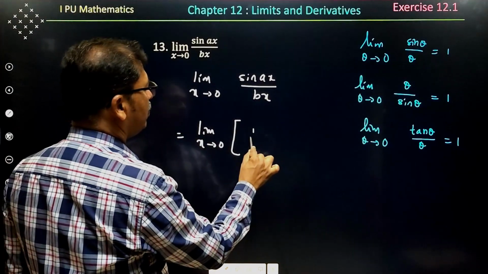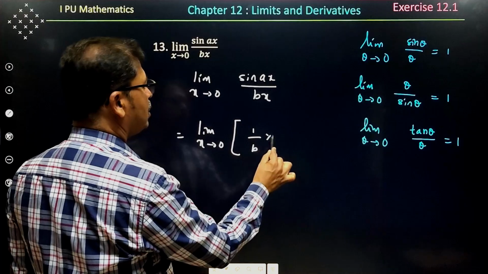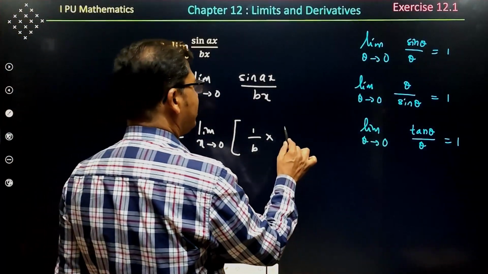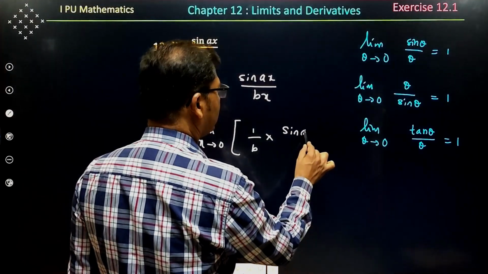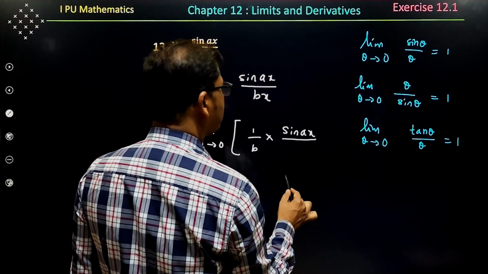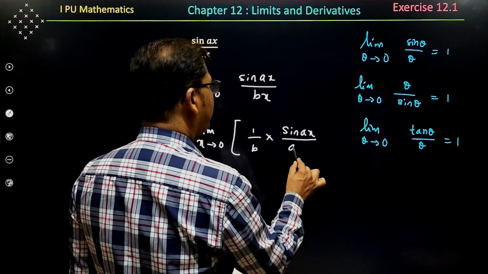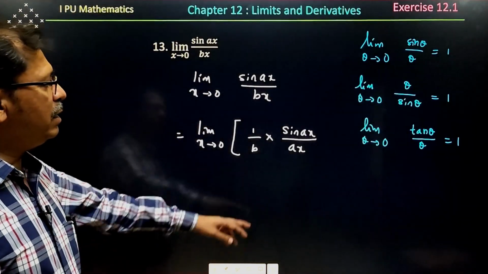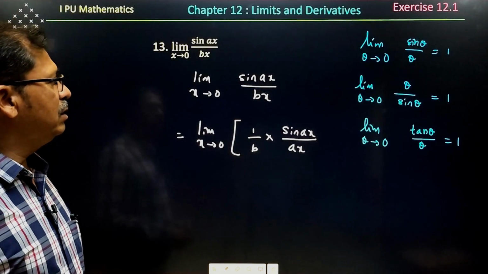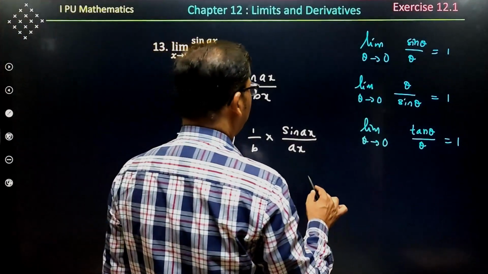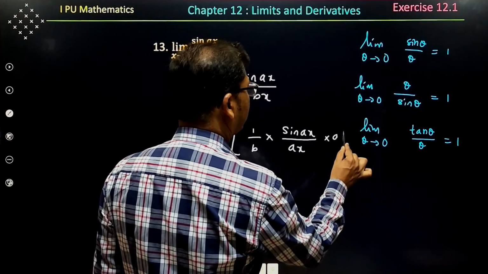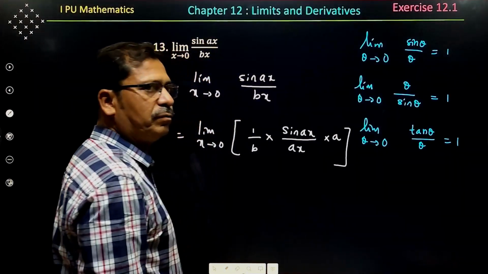Let me write 1 by b separately because it is not having any link with that angle here. Sin ax, you write, divided by only x is there, but instead of x I would like to write ax. So a is an extra term that you have taken. In order to adjust it, you multiply by a here.